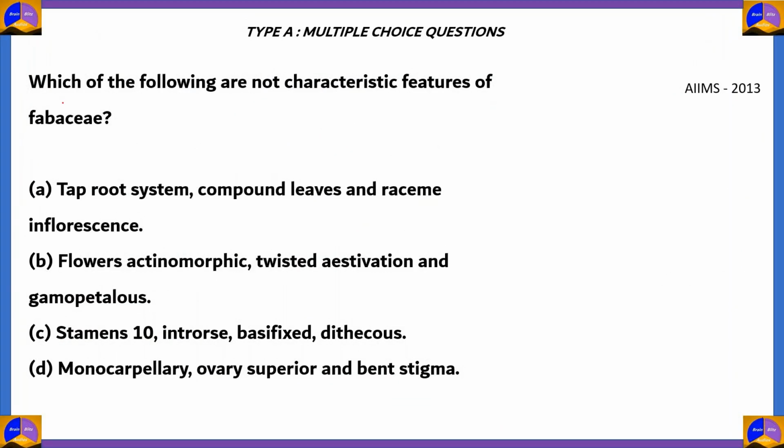Next question. Which of the following are not a characteristic feature of Fabaceae? So we have 4 options. So what are we going to do now? We're going to write the floral formula of Fabaceae family. So this is the floral formula.